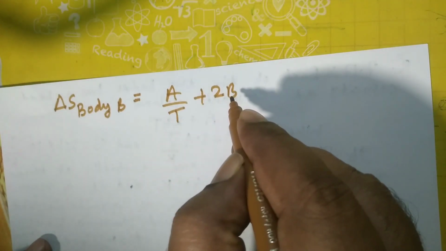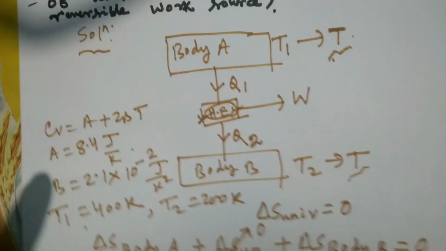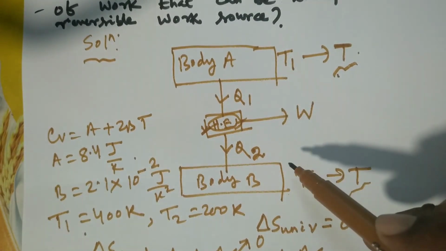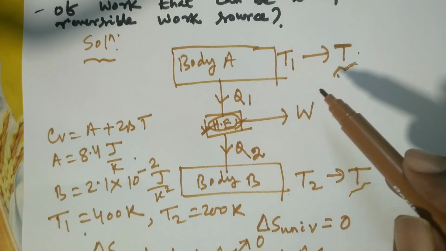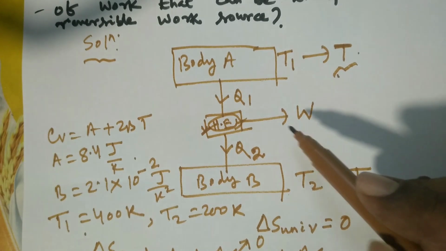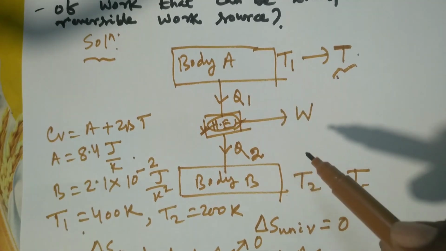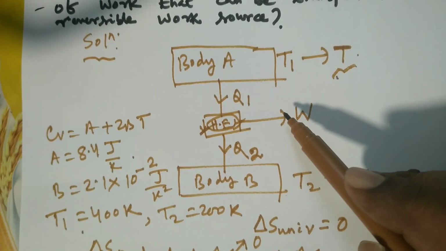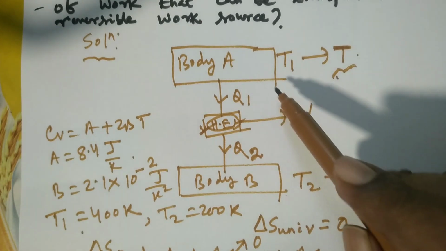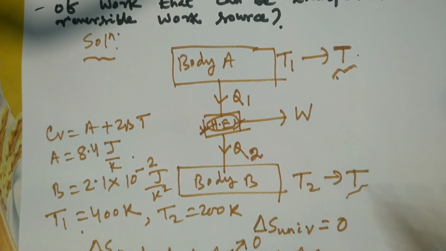This process of production of work will stop only when both the bodies come to a final common temperature, because these are finite bodies, not infinite bodies that the engine would continuously produce work from. Once the final common temperature is attained by both the bodies, the process will stop, but T will be less than T1 and greater than T2.